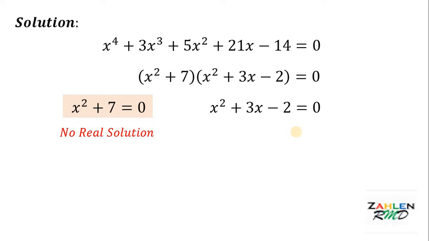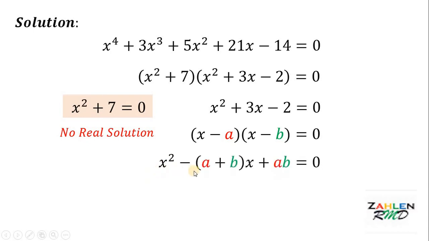But we don't care what those solutions are. Our goal in this question is to find the product of all real solutions. So to do that, we need to let a and b be the roots of this equation. So we have x minus a multiplied by x minus b. Now multiply and we get x squared minus a plus b multiplied by x plus ab equals 0. Now our goal is just the product of the roots. We have a times b.